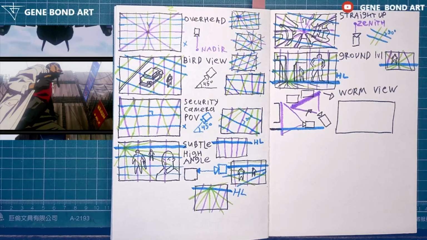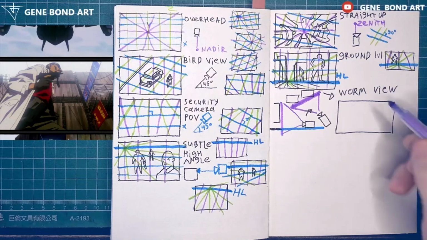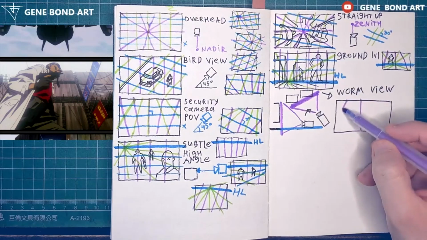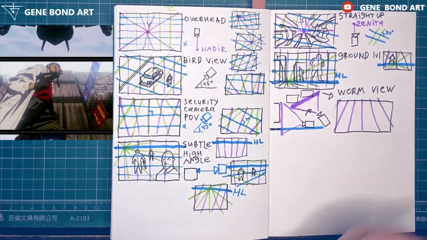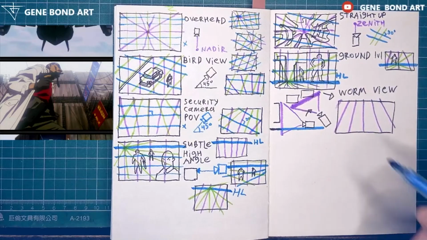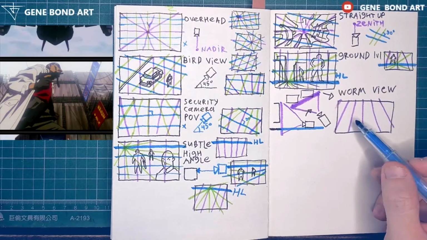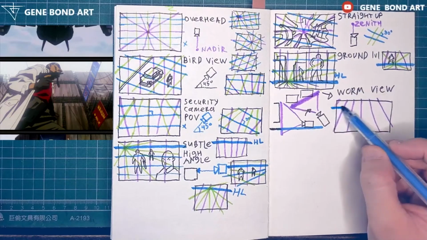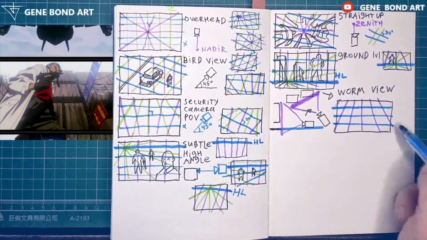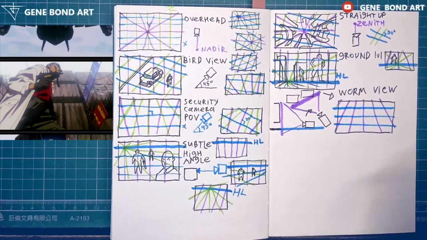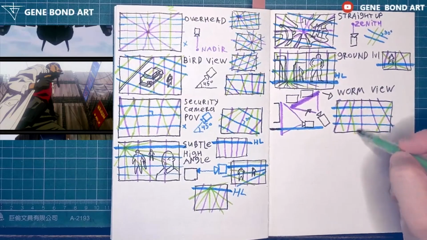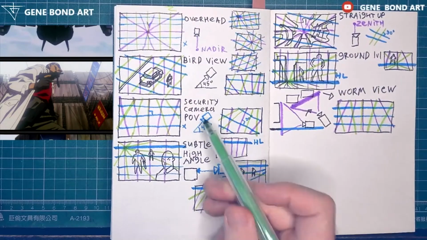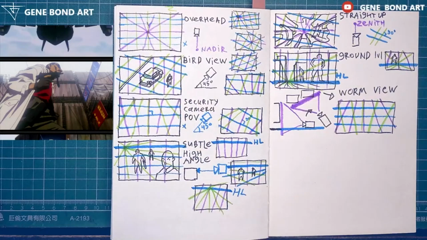So the y-axis will converge like this. And x and z, x can be just parallel like this, and z will be converging like this. So it's like a security camera point of view, but from the ground.